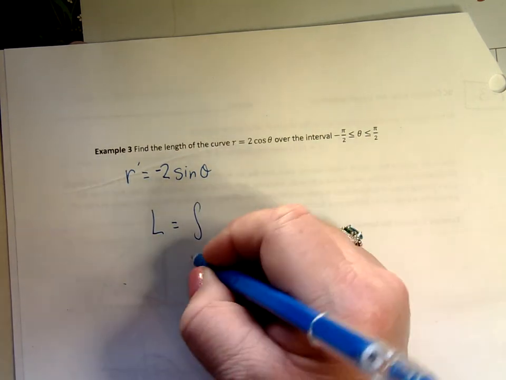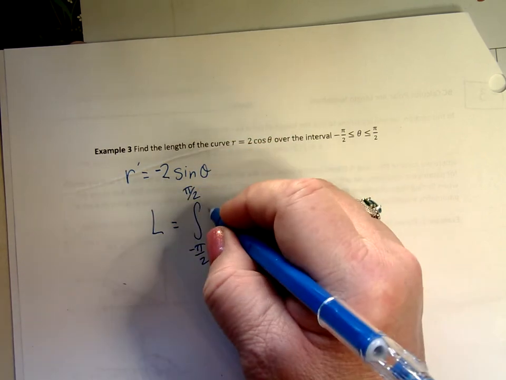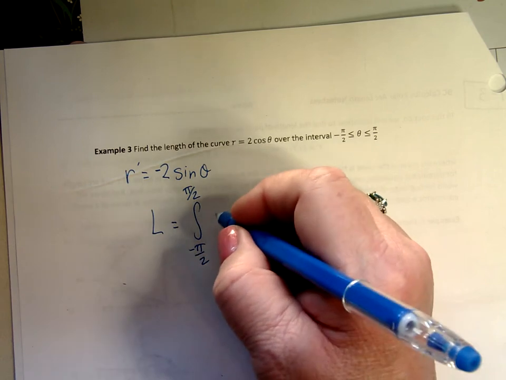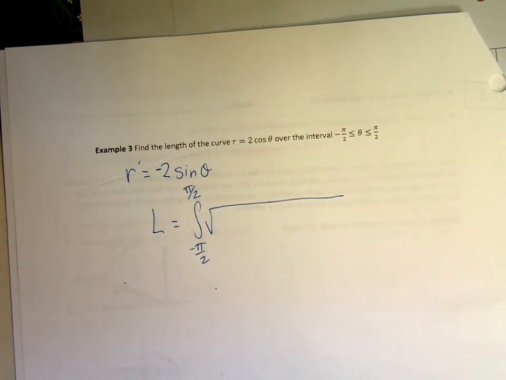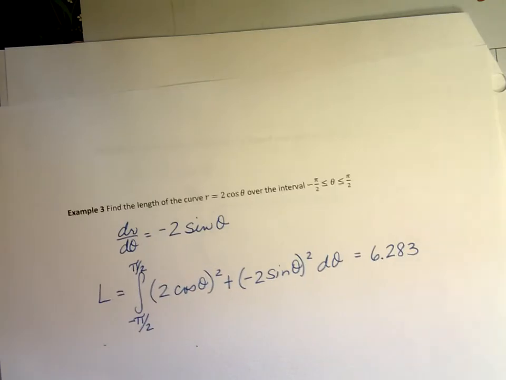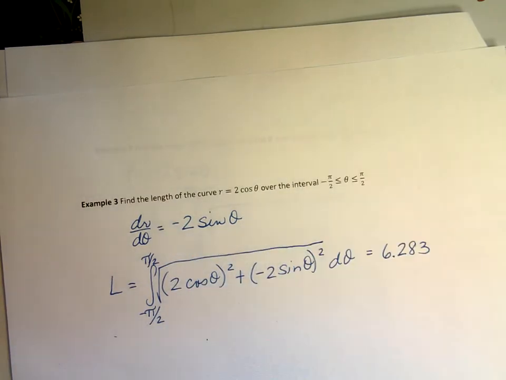I am this time going from negative pi over 2 to positive pi over 2, and I have to take a big square root. Looking at my notes, what did I forget? The big square root. There it is.